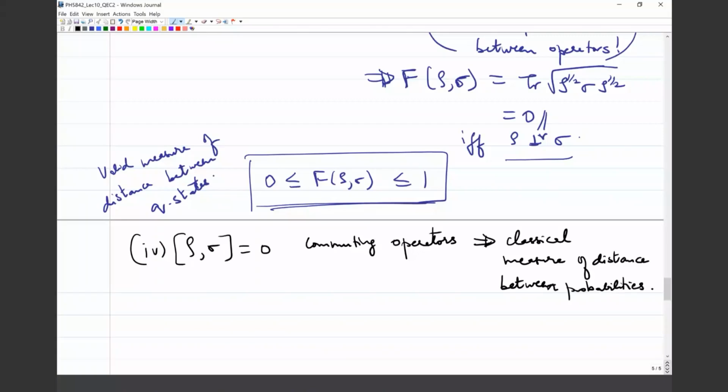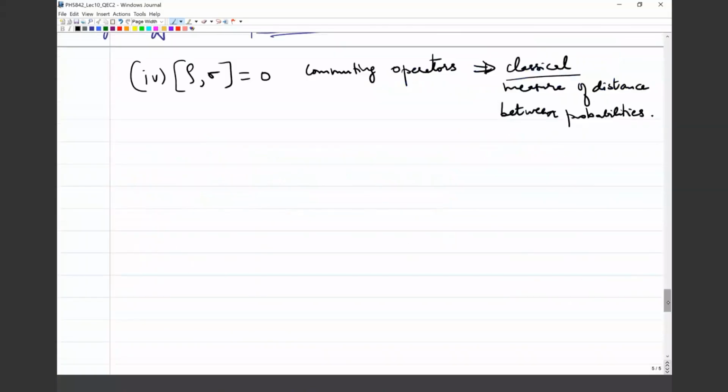So that's why I want to talk about this case as well. When rho and sigma commute, what happens? It means that they are diagonal in the same basis, right? You can find a common eigenbasis. There exists a common eigenbasis in which they are diagonal.